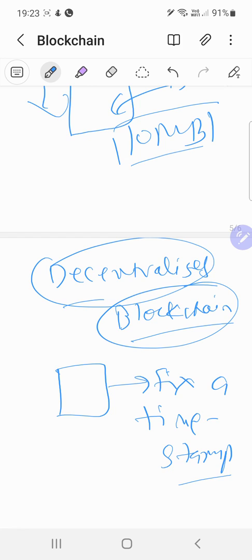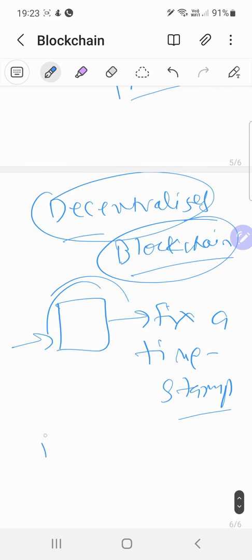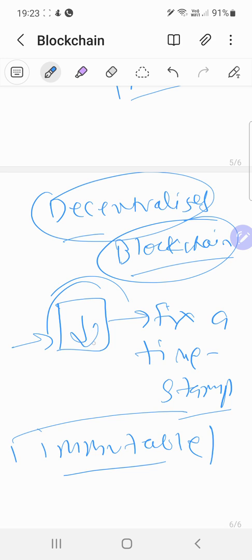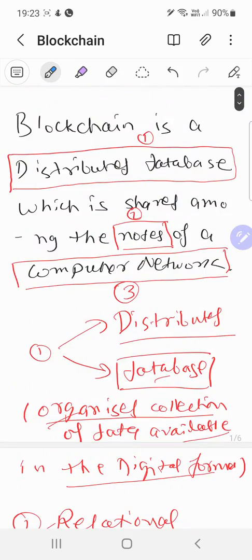The moment I fix a particular timestamp to this block, it immediately becomes what is known as immutable, which means that any data I have kept in this particular block is going to be unchangeable. I cannot change that piece of information, and the moment the data is unchangeable, I will say that my information, my secret information, whatever is kept in this block, is going to be safe and secure. That is why we talk about how blockchains can be the future of banking, because they help us keep information very safe and secure.